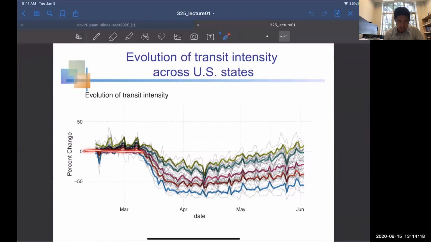So the zero means compared to January of this year, okay? Compared to January, say the bottom part around this, in April, in many of the states, transit activity is really low, okay, below 25%. And then some states, like New York, I guess, transit is even less, so there is more than 50% reduction in the transit, okay? And then gradual recovery, but of course that depends on which states.